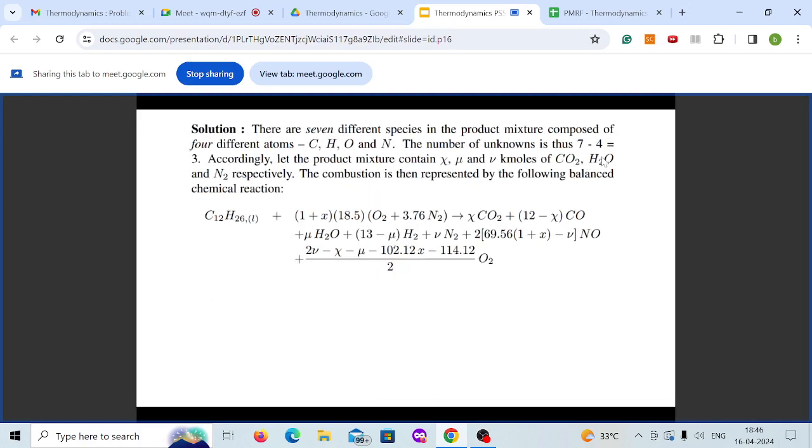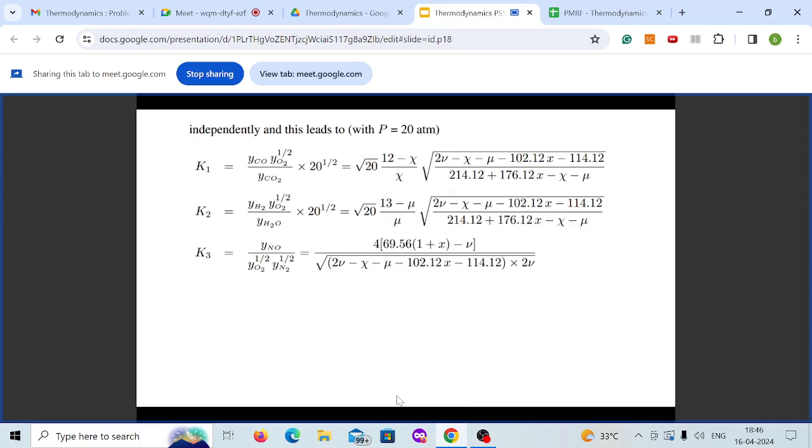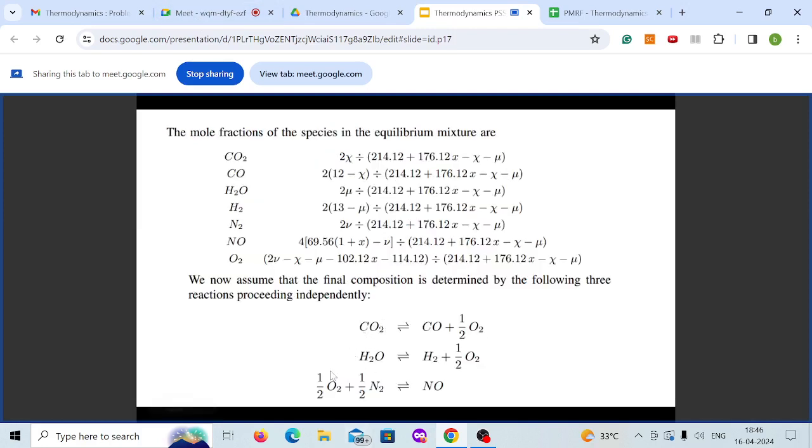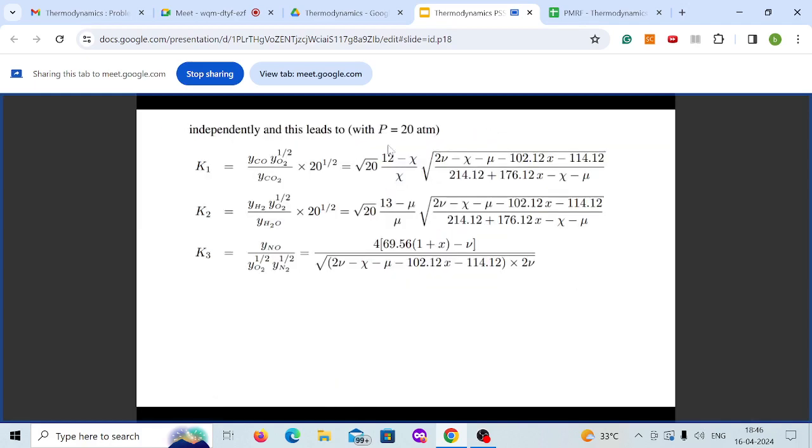Because we have CO2, H2 and N2, we will take individual components for the reactions. So first CO2 giving CO plus half O2, then H2O in equilibrium with hydrogen and half oxygen, then for nitrogen, half O2 plus half N2 reacts to form NO. Just like before, you can find the corresponding equilibrium coefficients for these 3 expressions at 700 and 2200 Kelvin.